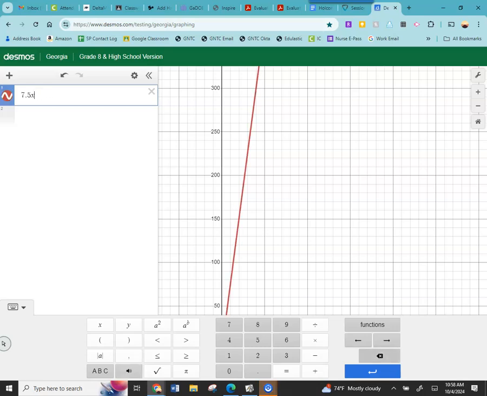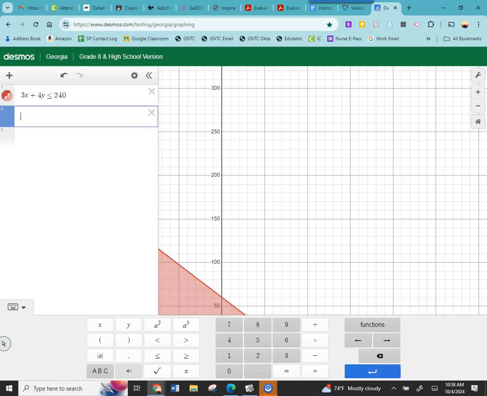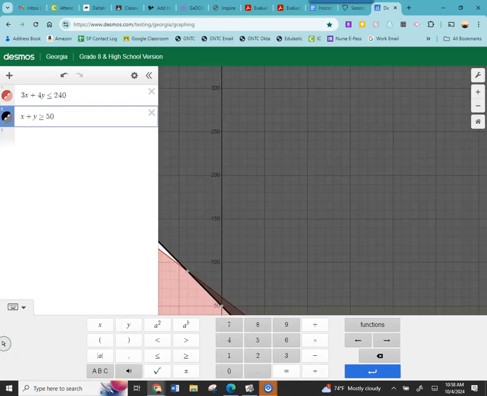All right, what do we get? 3x plus 4y is less than or equal to 240. Then we got x plus y is greater than or equal to 50.